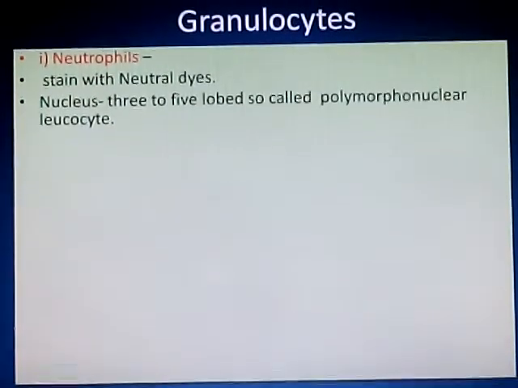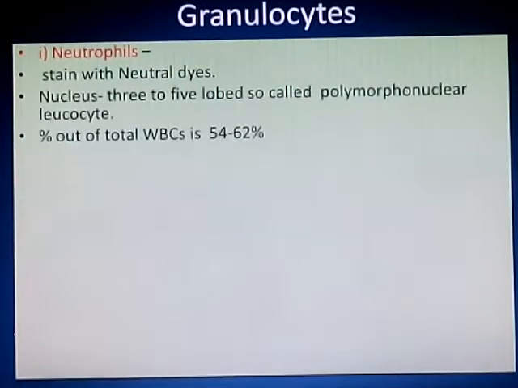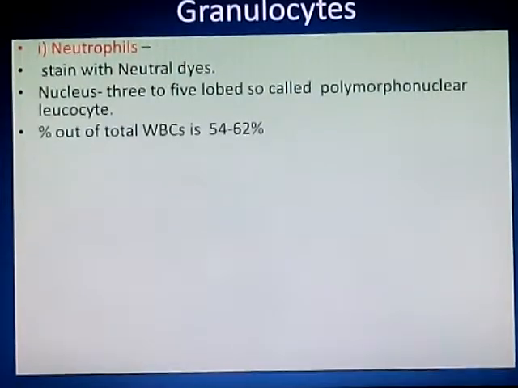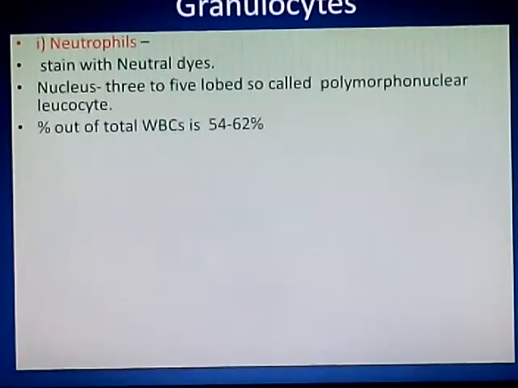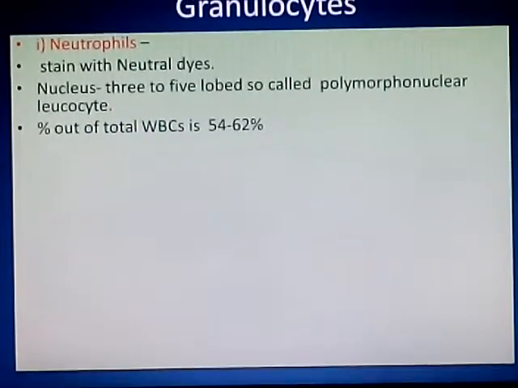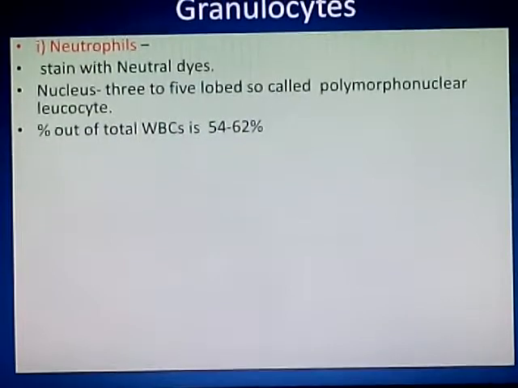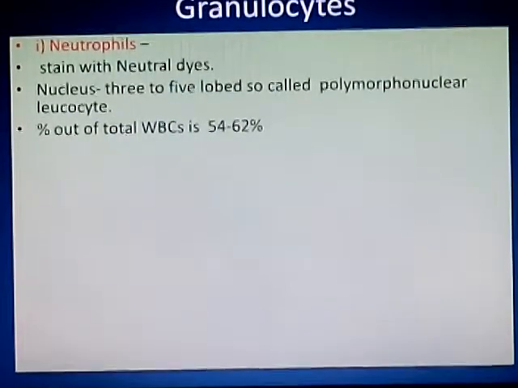The next, third point about the neutrophile, percentage amongst total WBC. Amongst total WBC, neutrophiles are 54 to 62%.